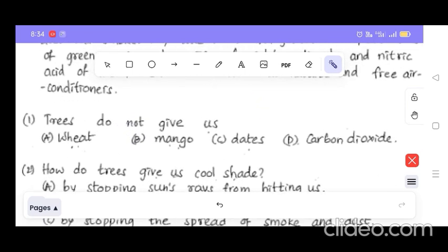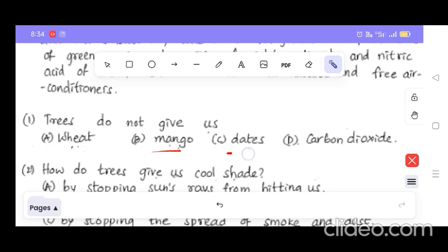The first question: trees do not give us what? They do not give us wheat. But see, carbon dioxide is... okay. See here, wheat is not mentioned in the passage.